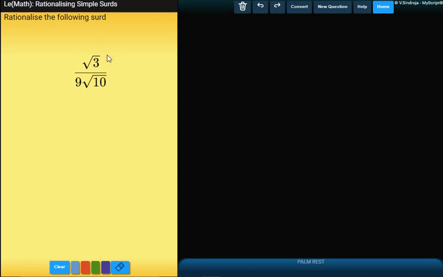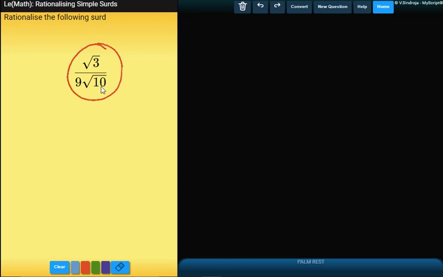Now, what's the principle behind rationalising surds? The idea is we don't like having surds on the bottom of a fraction, in the denominator. It makes it quite difficult to work with. So we're trying to change this so that it does not have a surd on the bottom.